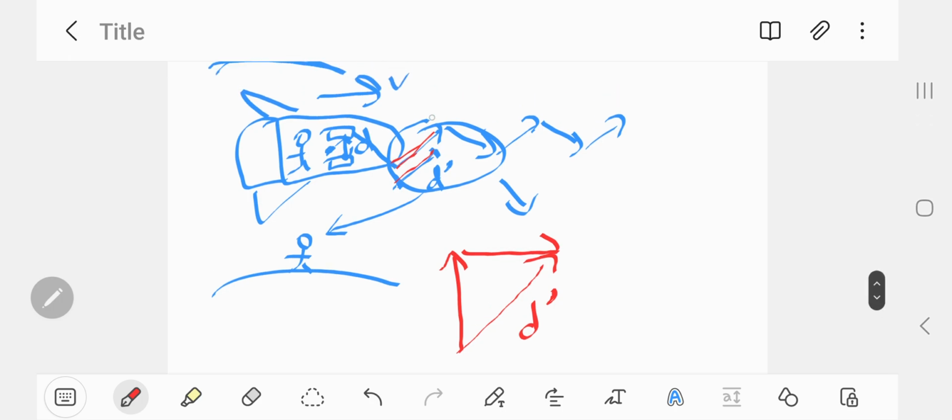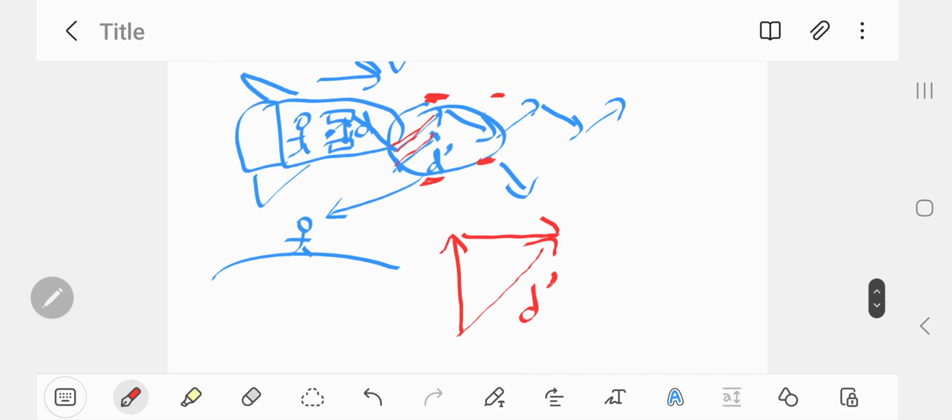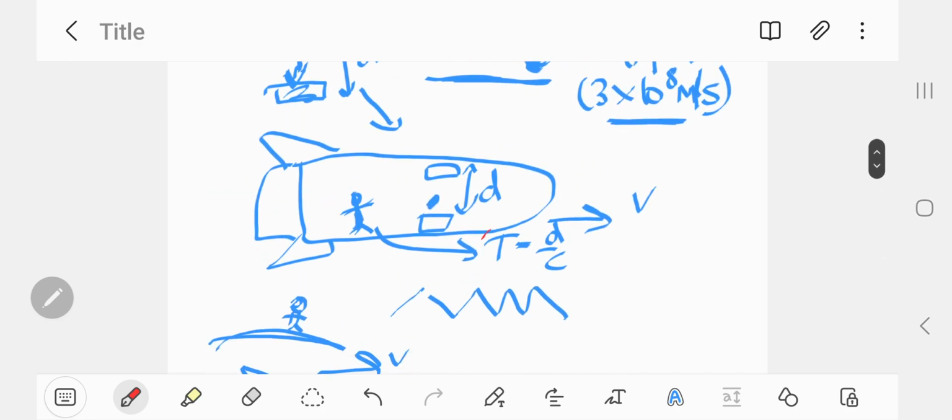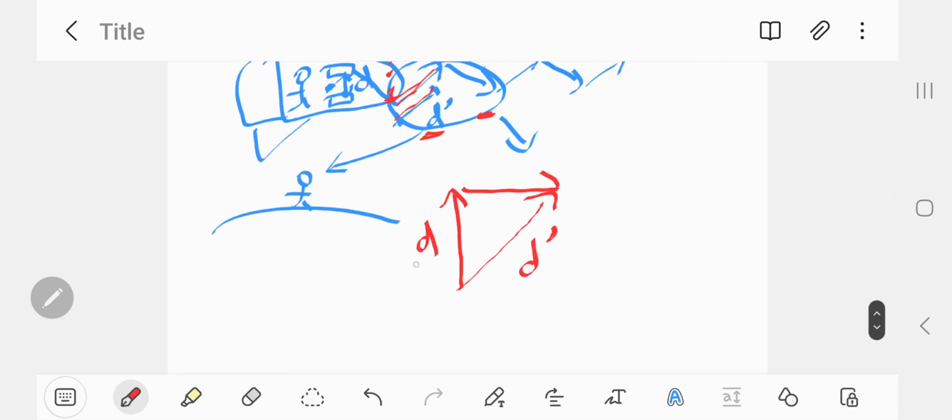Just imagine the mirrors, as the spaceship's moving, are here. That's D dash right there. This is D. D is that vertical distance, remember. And D, if you rearrange this using simple algebra, is just T times C, time times the speed of light. That's equal to CT.